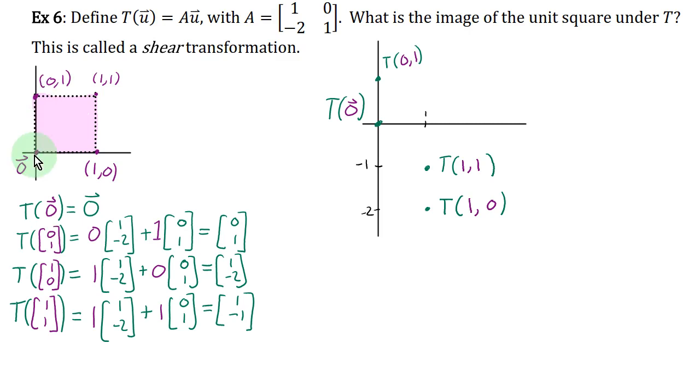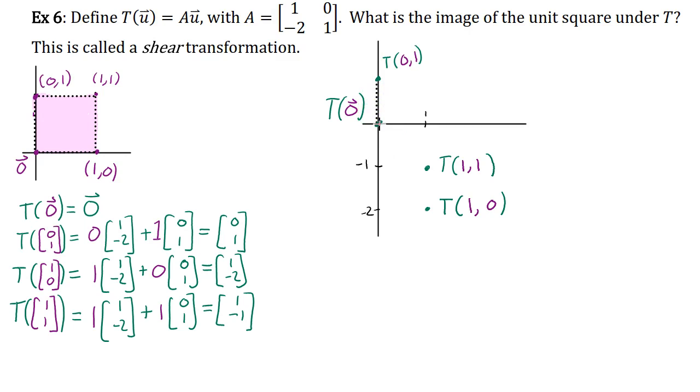So all the points on this line are just going to get moved to another line. I already know 2 points on that line: T of 0 is one point, and T of (0, 1) is another. So this must be the line that all of these points get moved to. All of those points end up right there.